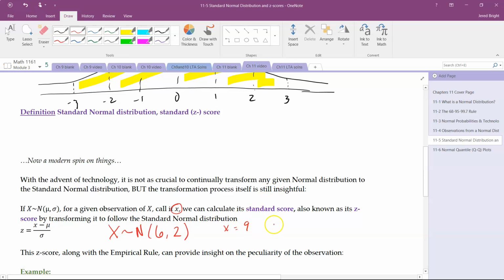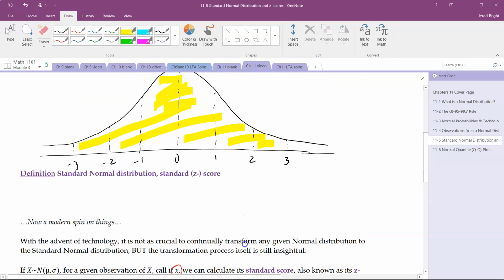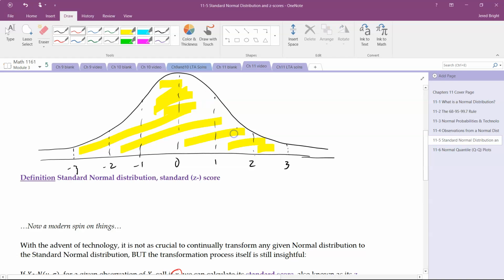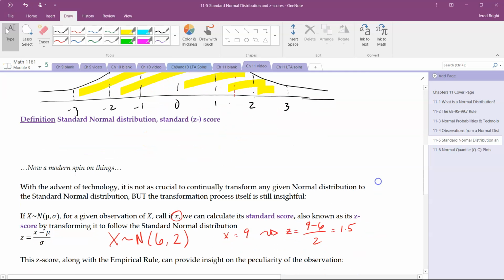Then we can find its standard score, or its z-score, by doing 9 minus 6 over 2, and we get 1.5, or 3/2. What that tells us is that our observation is about here, and it's 1.5 standard deviations from the mean, which in itself is really helpful.